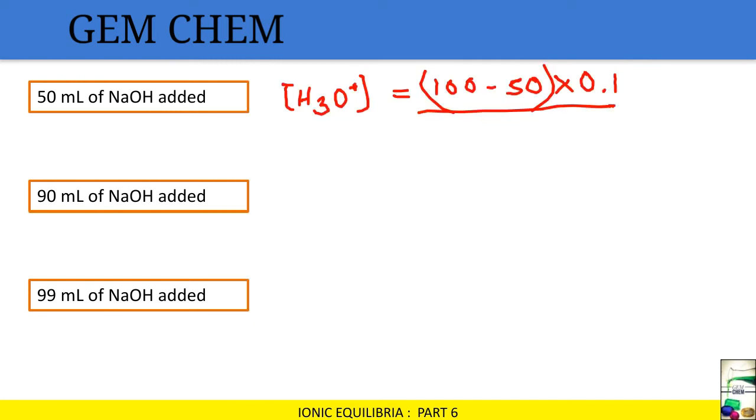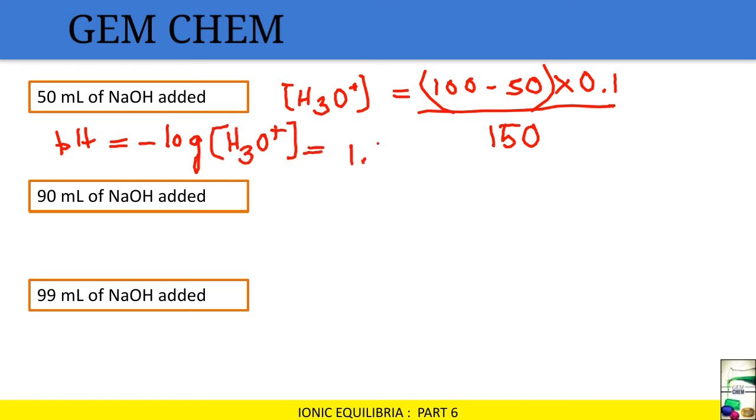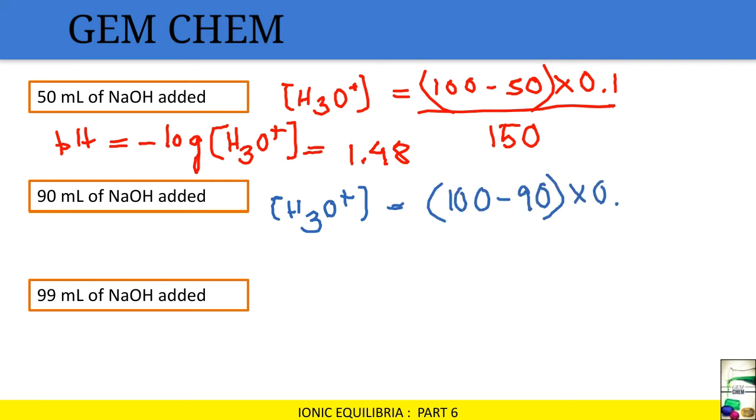In the same way pH equals minus log of the H3O+ concentration, and it comes to be 1.48. In the next case, similarly, the H3O+ concentration will be (100 minus 90), because 90 ml has been neutralized, into 0.1 divided by 190, and the pH on calculation is 2.28.